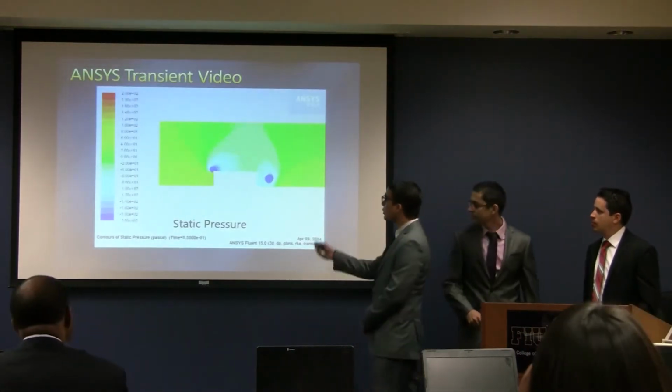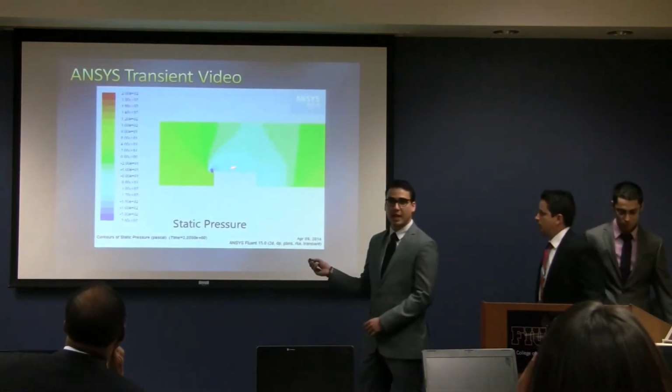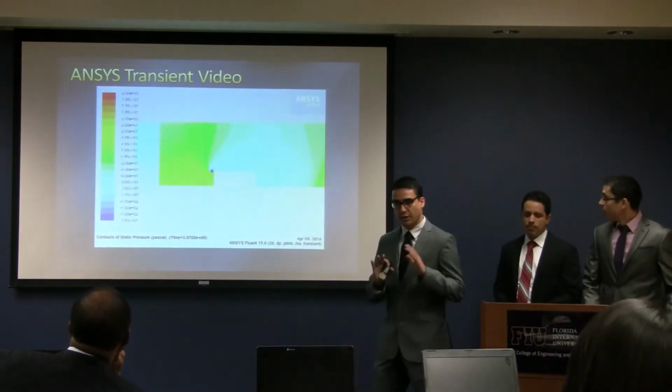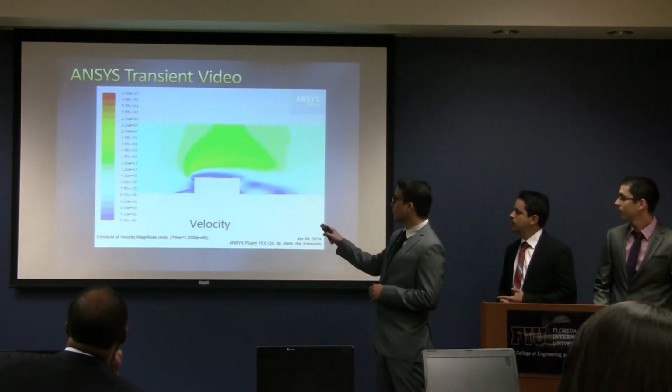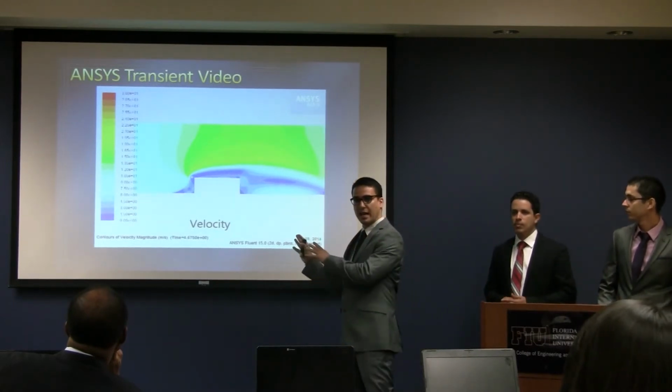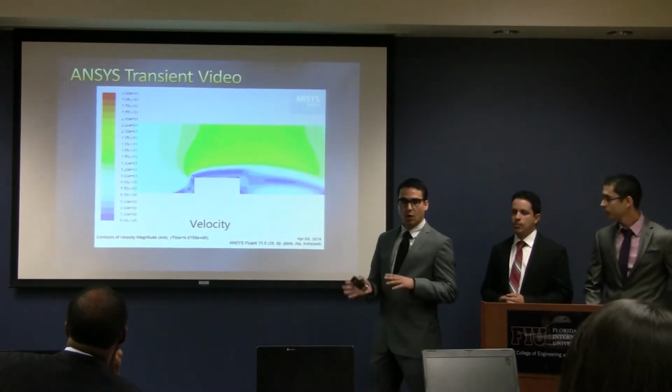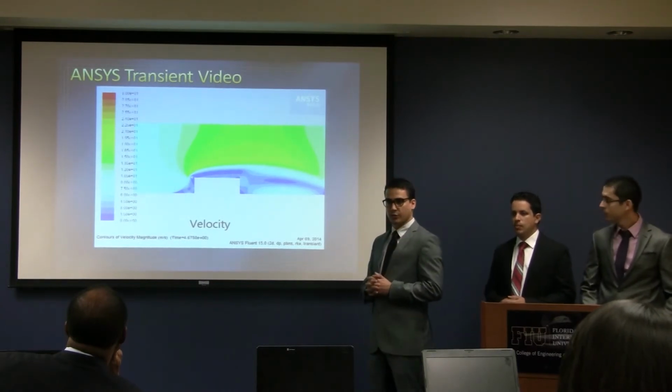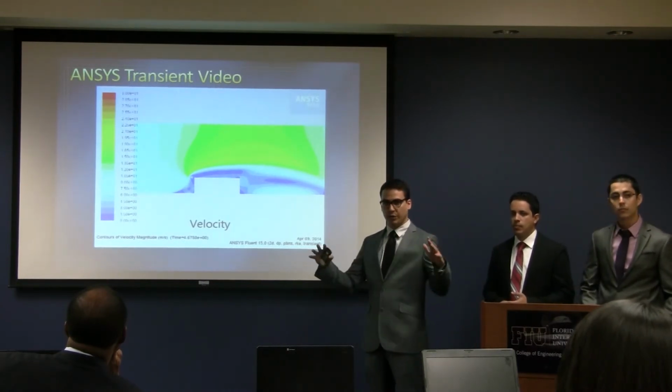Thank you, Junior. What you see here is a transient video with the type of analysis we used. The only difference is you saw the static pressure first, now the velocity. The difference between the transient analysis and the one we use for comparison is that we use a steady state for a complete result.